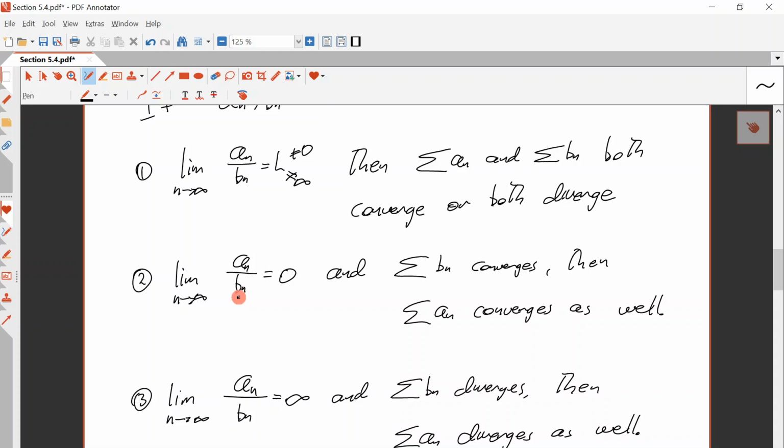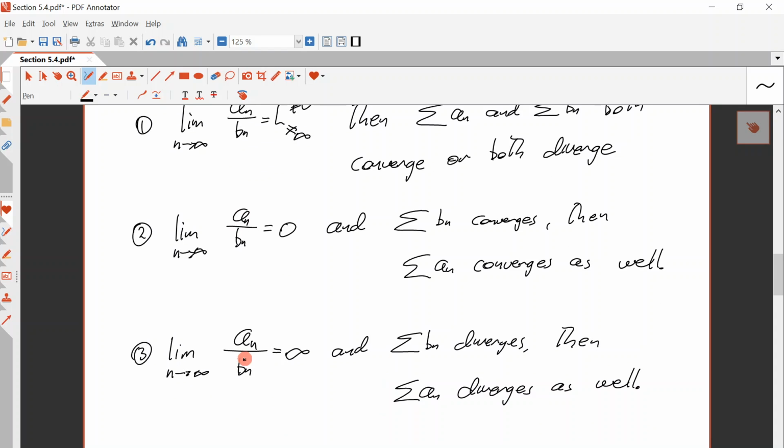When the limit of a over b is 0, that means b is a lot bigger than a, by comparison, as n goes to infinity. So if this bigger series is finite, then so is the sum of the smaller series. And the other way around, if an over bn is infinity, meaning an is larger than bn, and the smaller one, bn, diverges, then the larger one has to diverge as well. Okay?